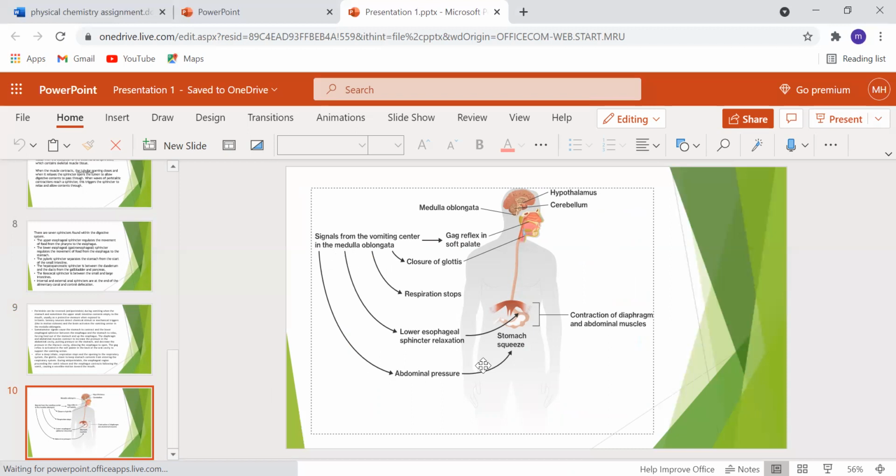This shows abdominal pressure and stomach squeeze. When our abdominal pressure increases or our muscles contract, it is due to signals from the medulla oblongata to vomit.